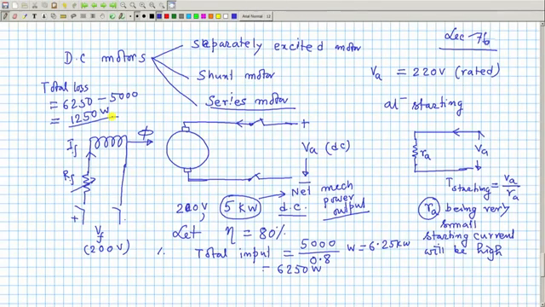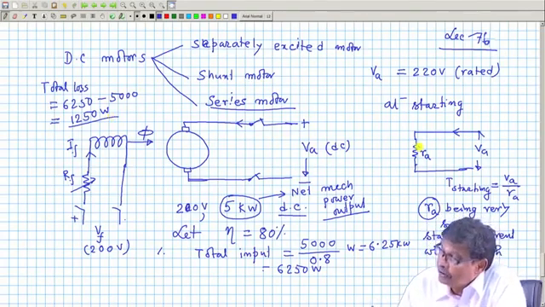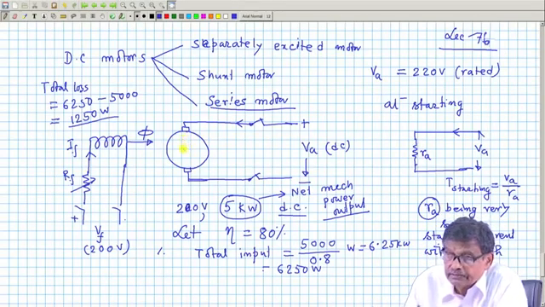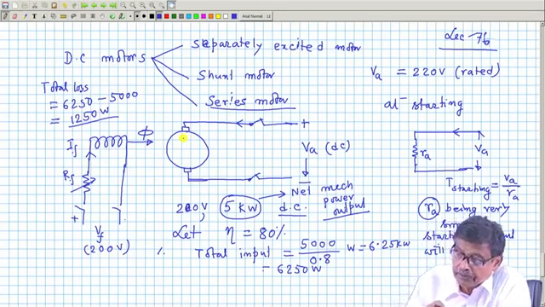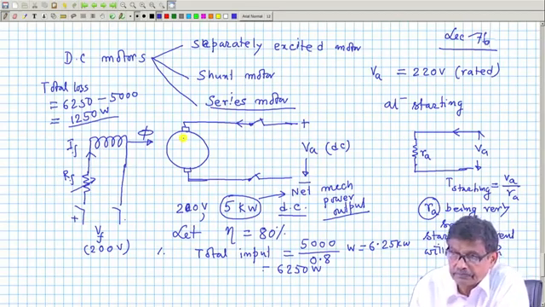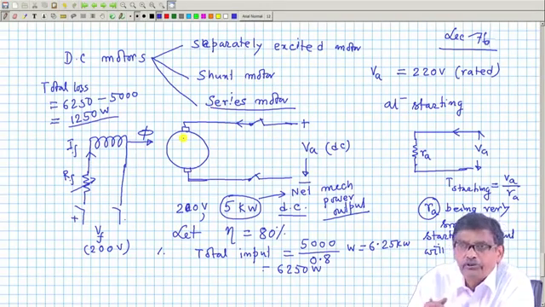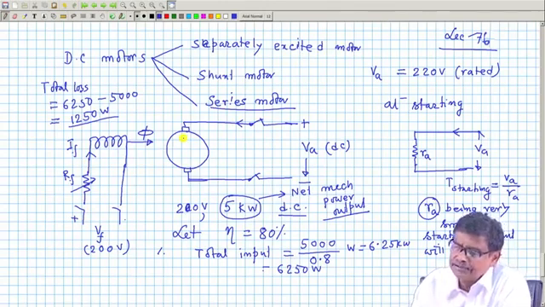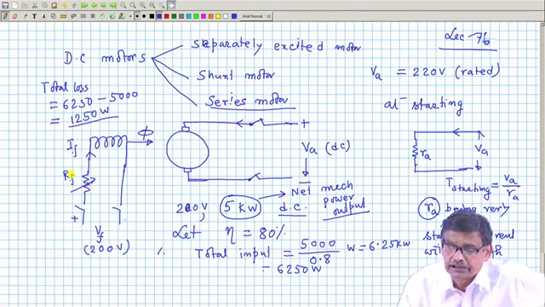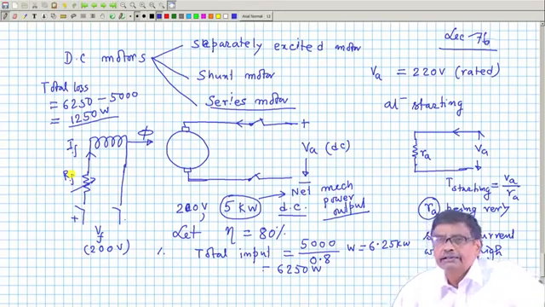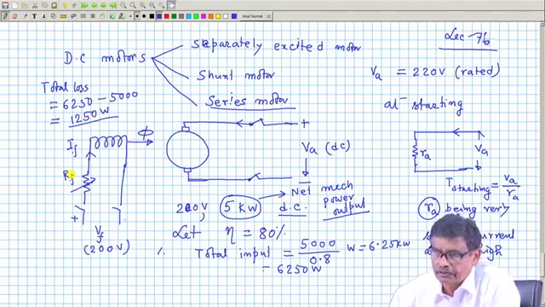What does the total loss comprise of? There will be some armature copper loss, Ia square Ra, because the armature has resistance. There will be some field copper loss, If square Rf. We will tell you about efficiency in much detail later, but as a common user, there will be an armature copper loss, a field copper loss, and another called rotational loss.